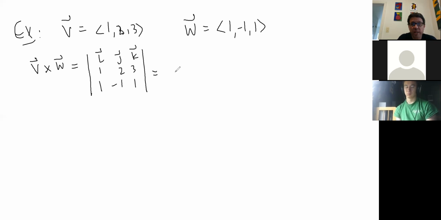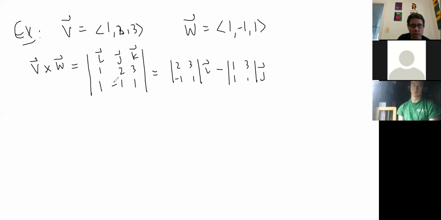And these, I mean, they do take a little while. I have to do a subdeterminant for i, where I cross out everything that's not i, and I get 2, 3, minus 1, 1. For j, it has this built-in negative in here, where I cross out everything except for that, and I'll get 1, 1, 3, 1. So I'm crossing out this, and I'll get these pieces here.